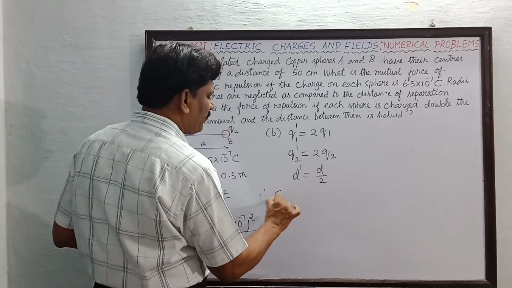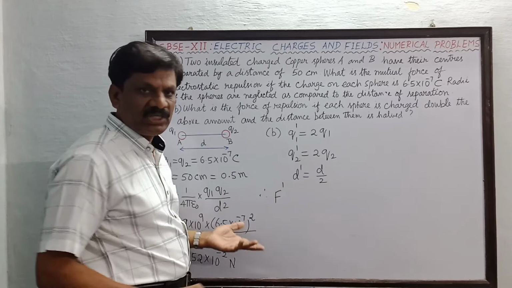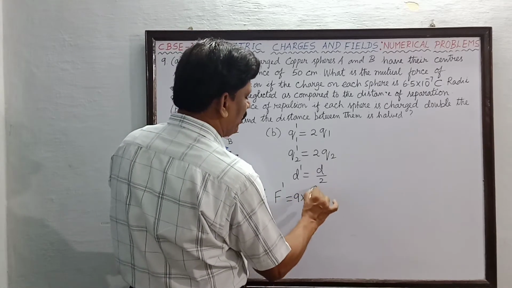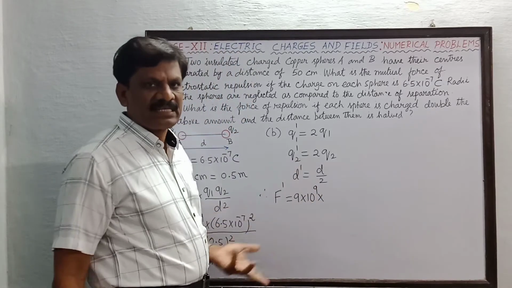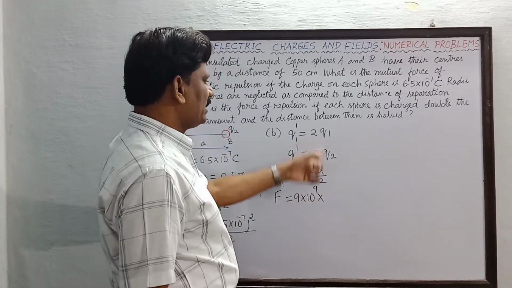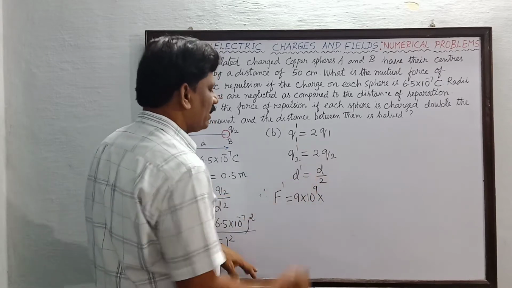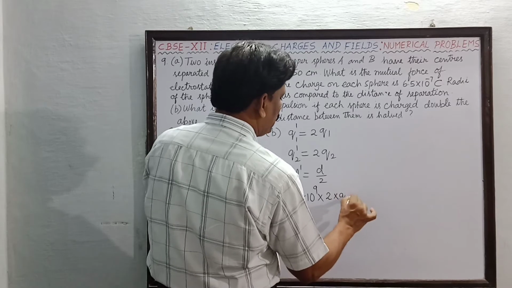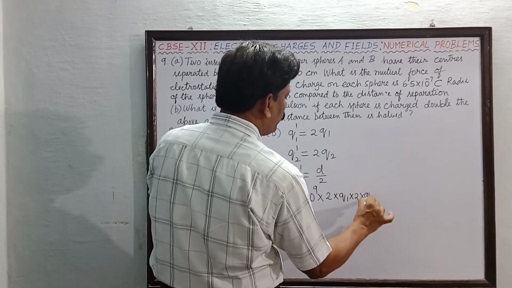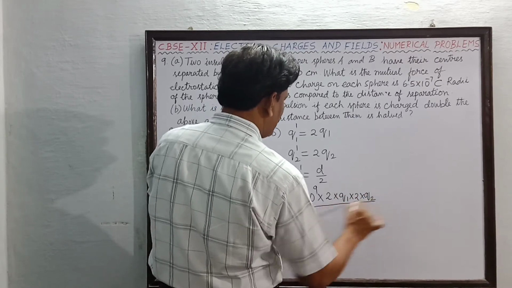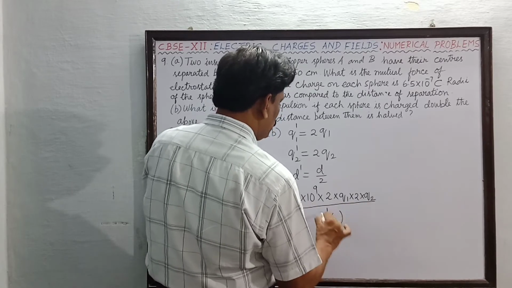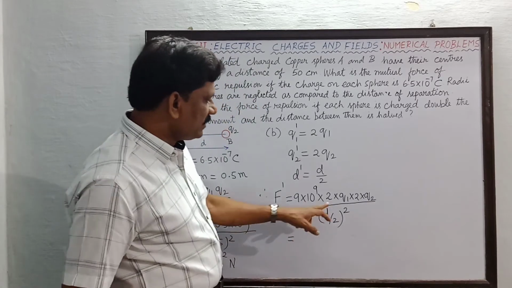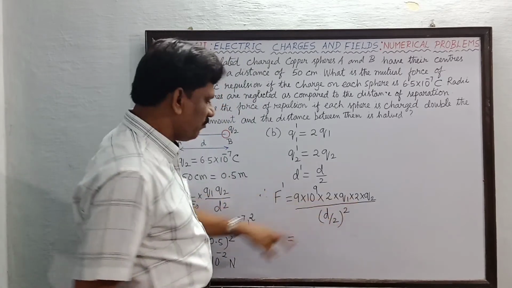Therefore, the new force of repulsion I will call F dash. This is equal to 9 into 10 power 9, the constant will be the same in this case also. Only the charges are doubled and the distance is halved. So this is 2 into Q1 into 2 into Q2 divided by D by 2 the whole square. 2 into 2 is 4.